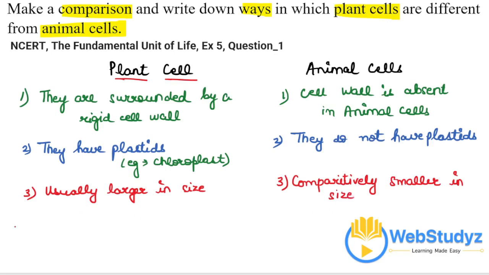Moreover, in the plant cells, vacuole is present, which is usually large sized. But in animal cells, there are very small vacuoles present as compared to the plant cells. So animal cells have few vacuoles, only a few present, and those too are small sized.